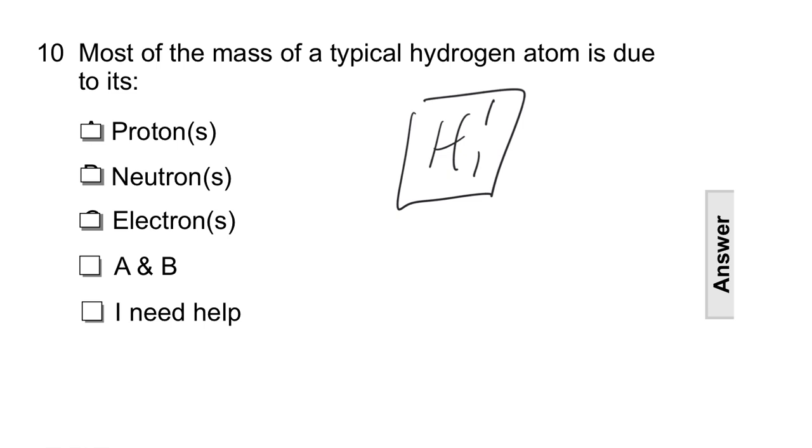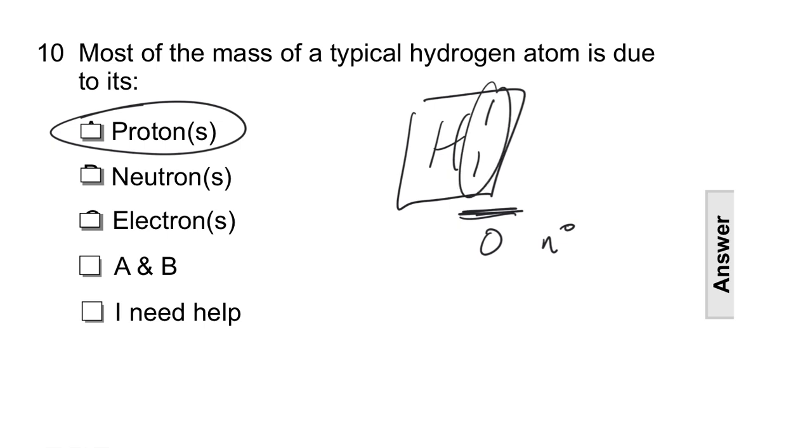So most hydrogen atoms don't have that neutron. So it's only protons. Okay, subtract those numbers. 1 minus 1 is 0 neutrons. Subtract these numbers and you'll see that the mass is the protons.